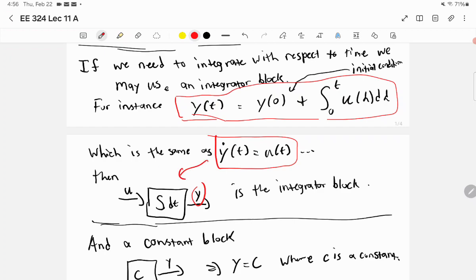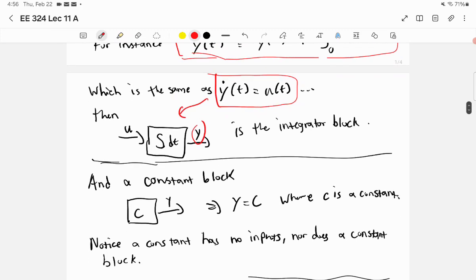This would be important if I have differential equations, right? I'm going to want to be able to integrate them in order to get the solution out at the end. And we'll get an example of all of these things getting pulled together into a single diagram in a moment.